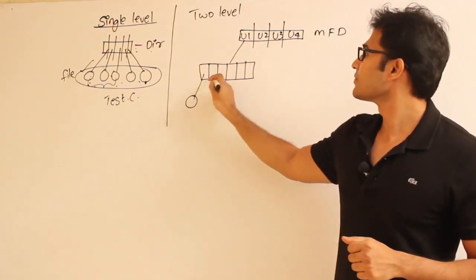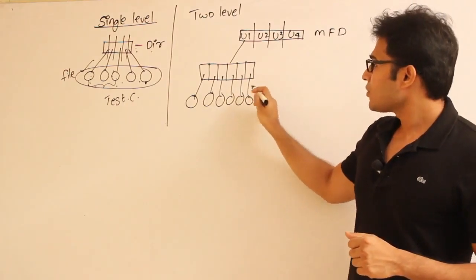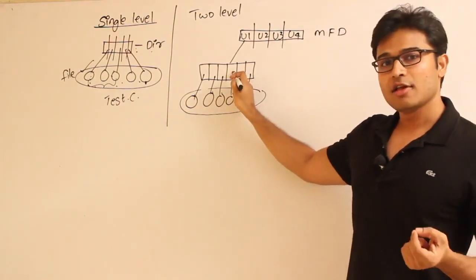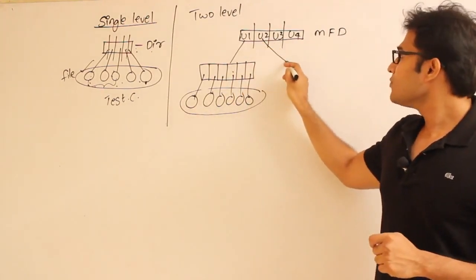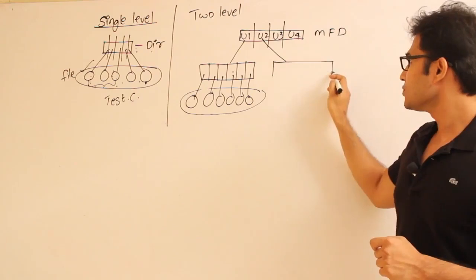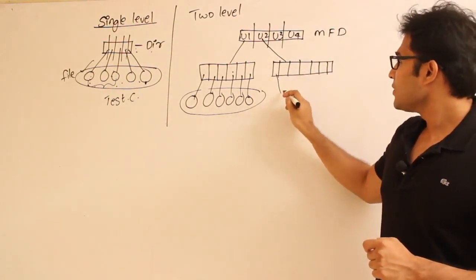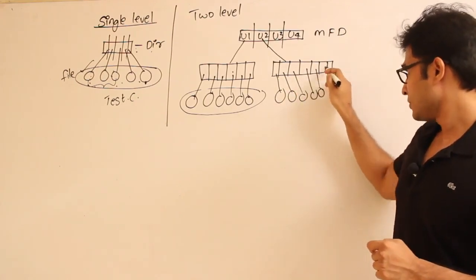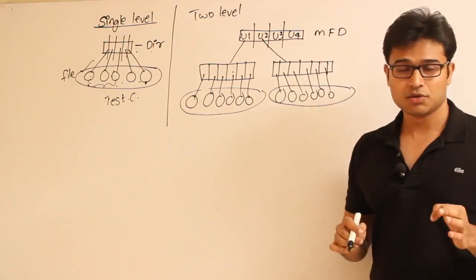Are you getting this? So these are all the files created by user 1, and this is the directory which belongs to user 1. Similarly, there will be one more directory for user 2, like this, containing the files which are created by user 2.